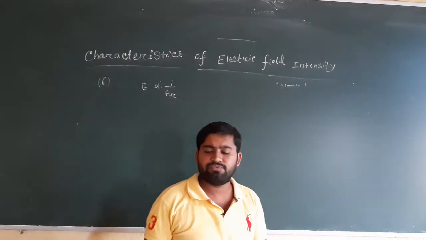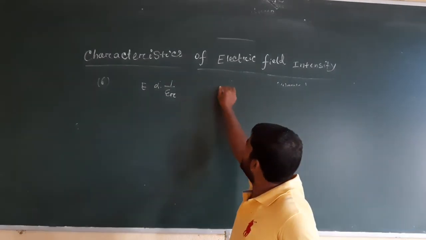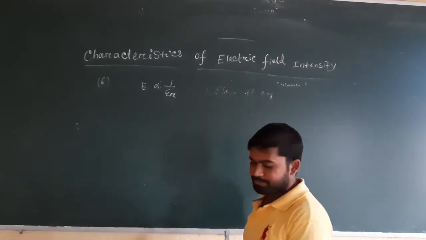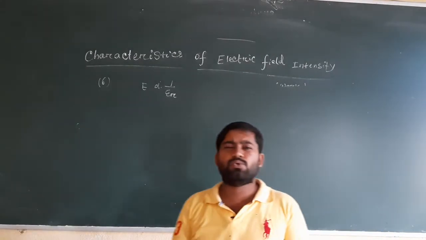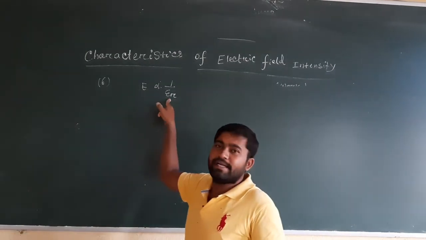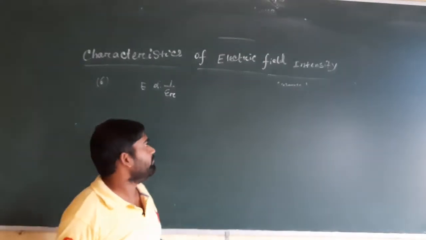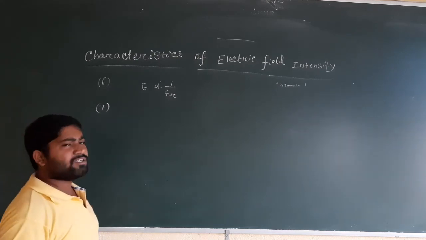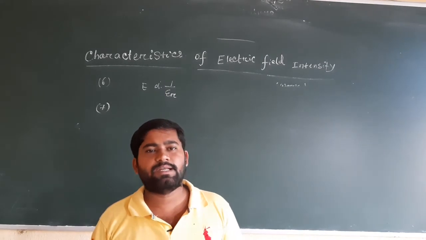So, the electric field intensity at any point due to a source charge varies inversely to the relative permittivity of the medium.